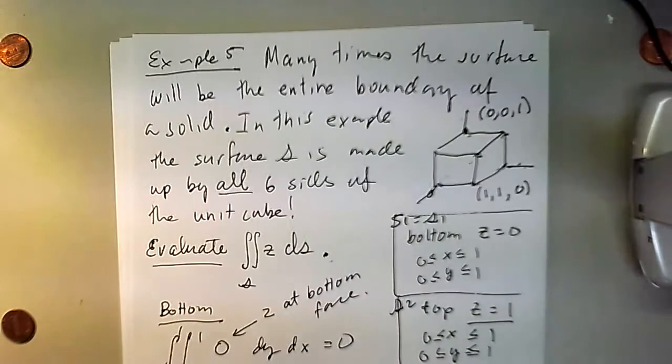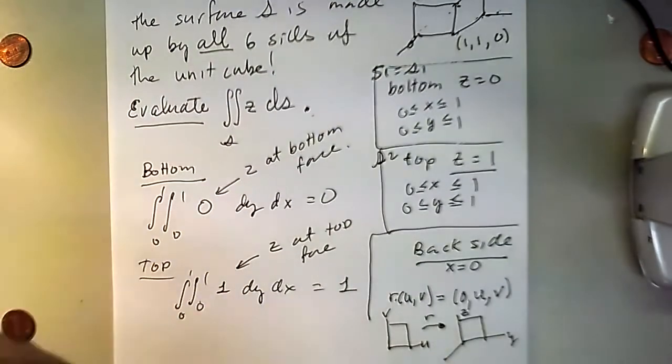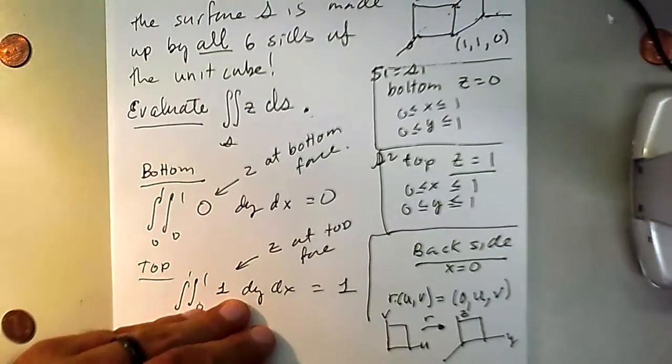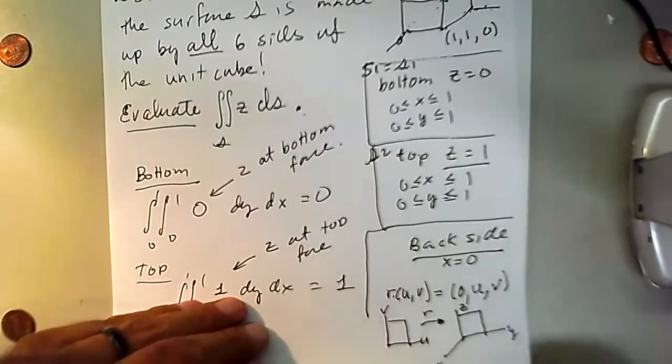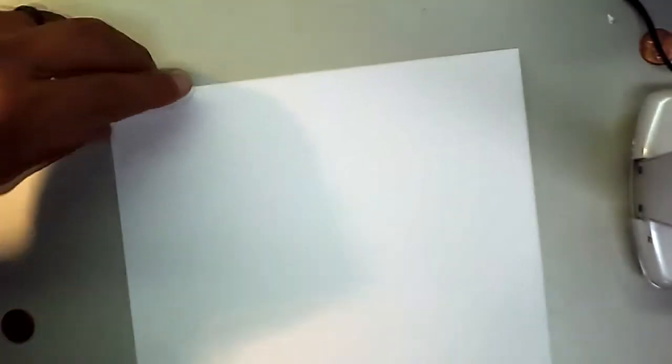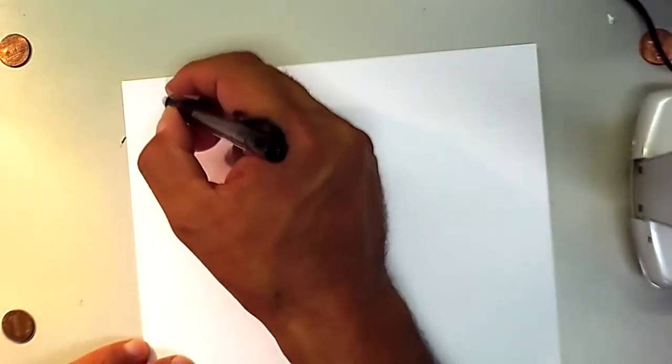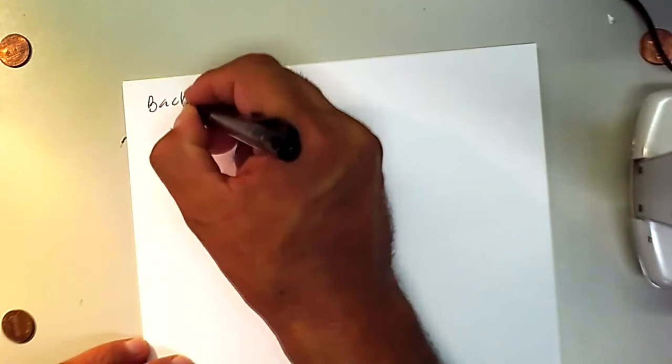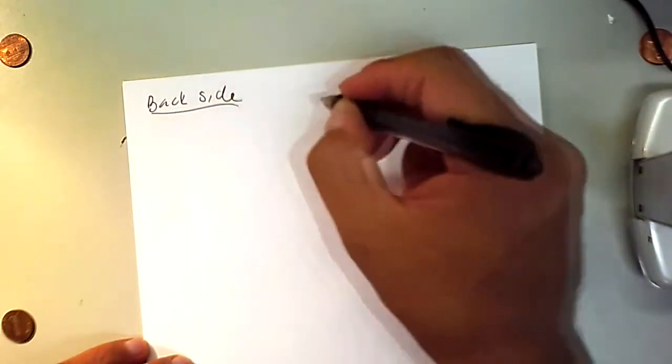let's do this on a new page because this is going to be more involved. So this is page 6, and 7. Okay. So we're still developing the back side. Double integral. Okay.